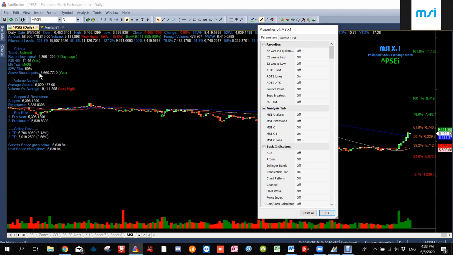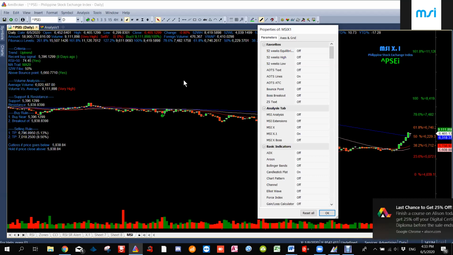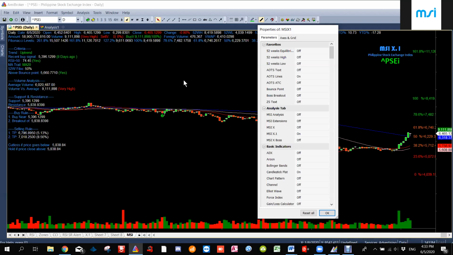Tapos, we have also the bounce point. So, yung system nagsasuggest siya ng price where the price will bounce or will reverse. That is based on Fibonacci. Okay, so there's also volume analysis. So sinasabi niya dito na so far yung average volume niya for the past 30 days is 6 million, and now it's around 9 million.